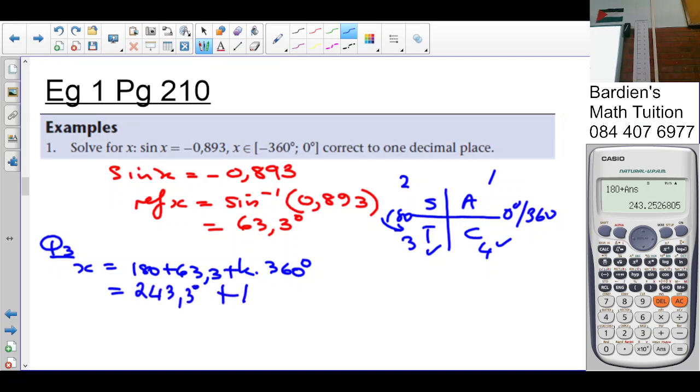Plus k times 360. Now, how do I get the quadrant 4? So now you write that one down. What do you think that answer should be?